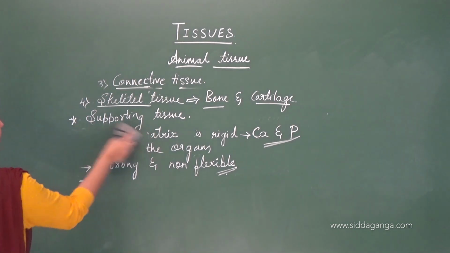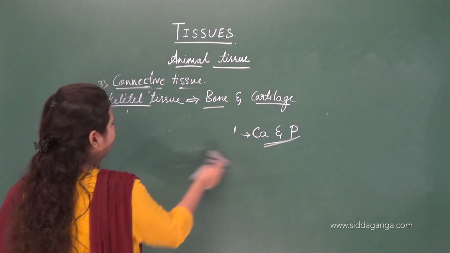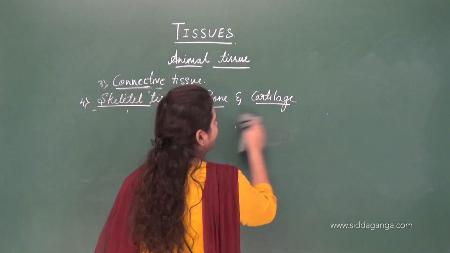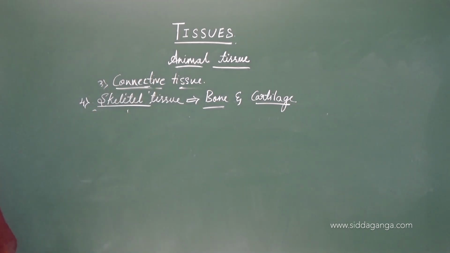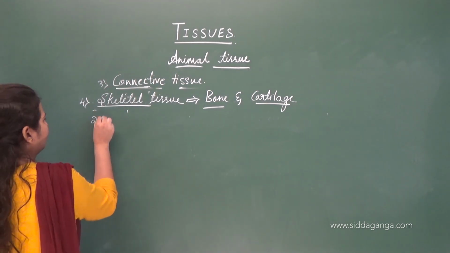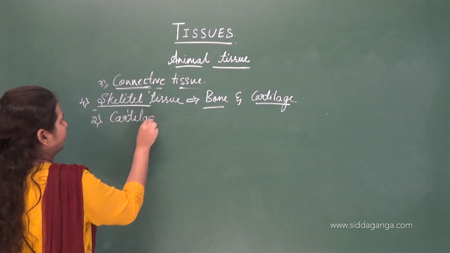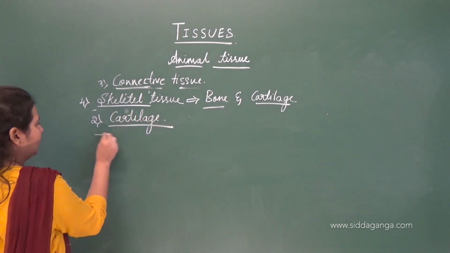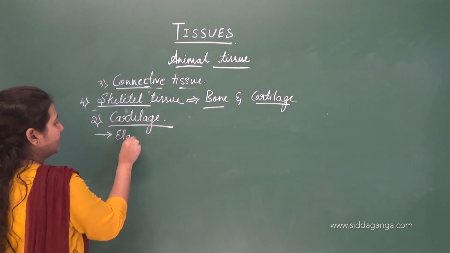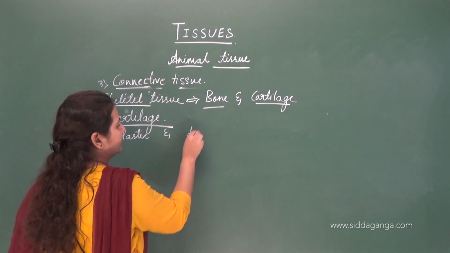So let us see about the cartilage. Remember, when the bones are non-flexible, these cartilages are quite flexible. So what are these cartilages? These are elastic and flexible in nature.